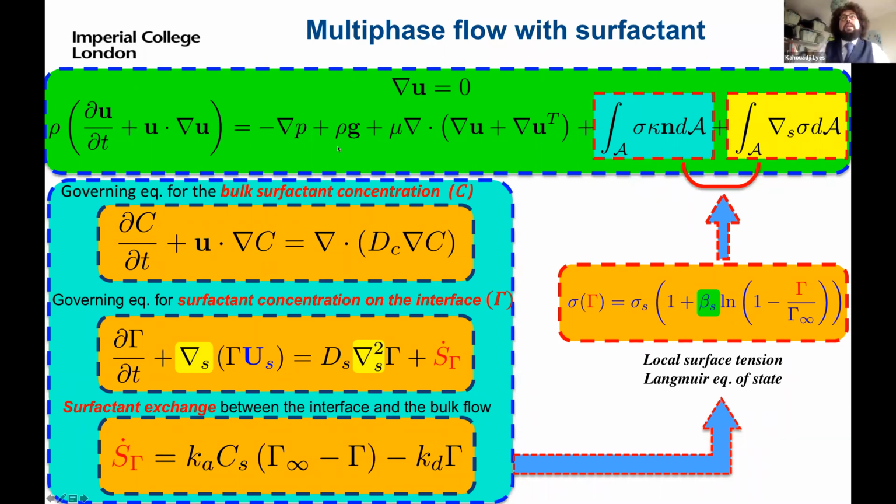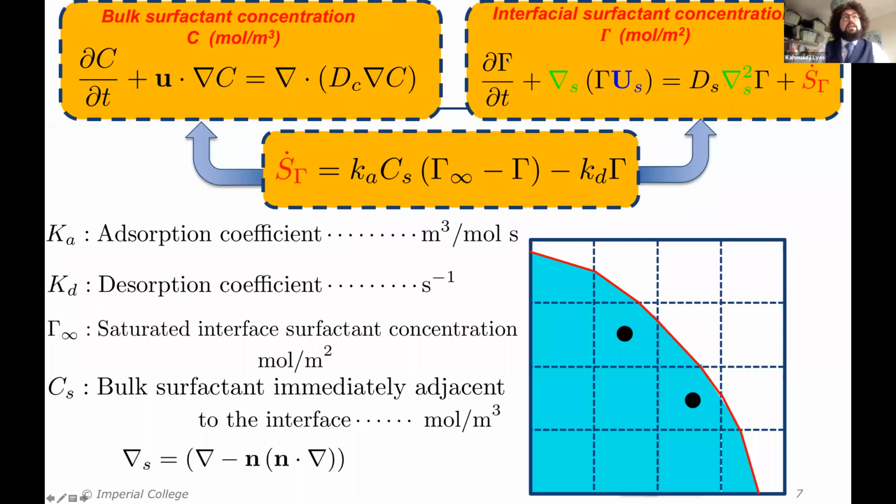So here is the same equation again. And as I said, we have the exchange between the concentration in the bulk and the interface. It does through this equation, and all these parameters are here: the adsorption coefficient, Ka, the desorption coefficient.